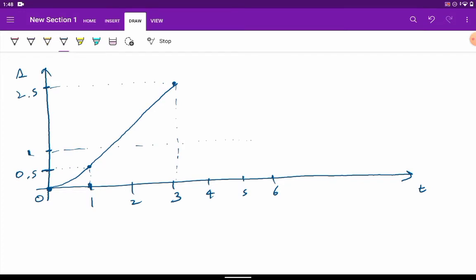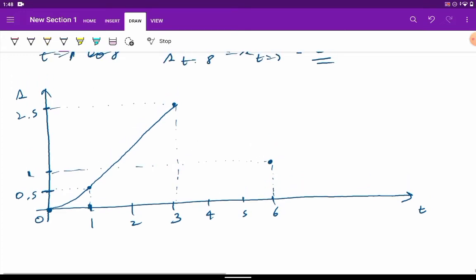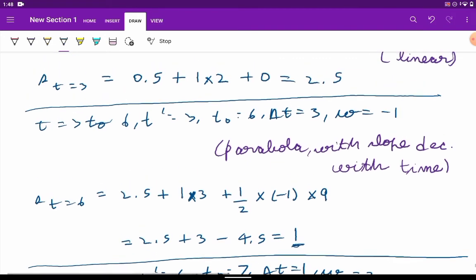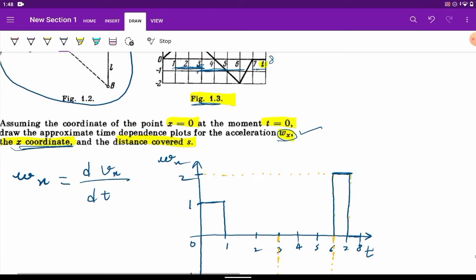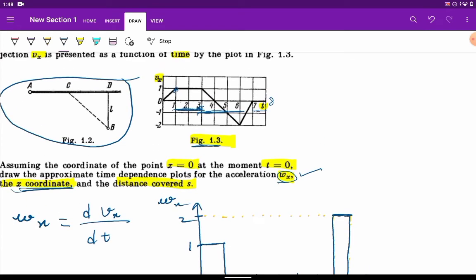All right, now this is an interesting thing again. It's a parabola with slope decreasing with time, and note, if we observe figure 1.3, from 3 to 6, at 4 the velocity becomes 0. It is basically like the direction in which the body is going reverses.